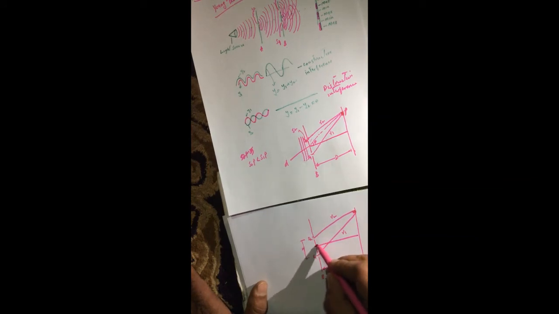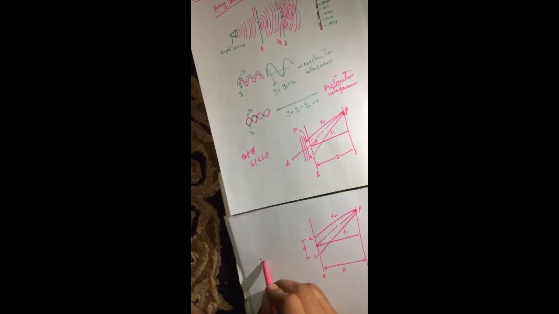And I consider a reference line which goes from the central point to point P. Now if I look here, this distance is smaller than this distance. So I can say that S2P is less than S1P.